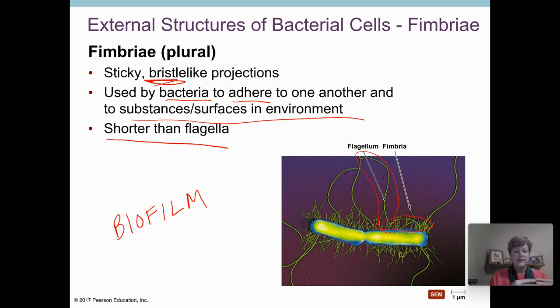And when they get in a certain proximity of each other, they start sending chemical signals to each other. They can actually start to express genes that they normally wouldn't express because of this chemical signaling. And they can start to get more aggressive in causing disease and so on.